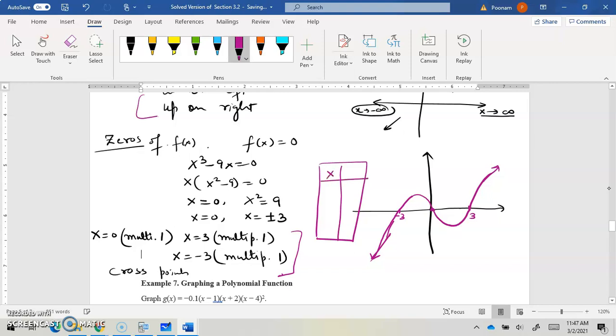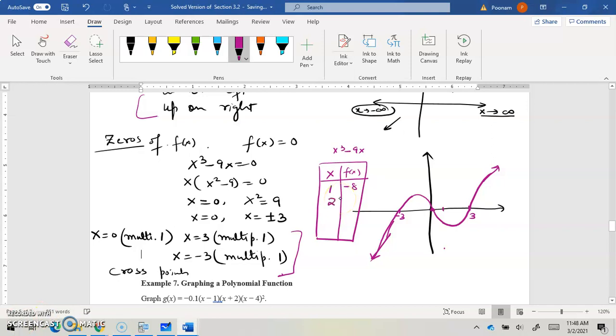fix the place. Say, what is the function's value when x is, say, 1? The function was x cubed minus 9x. So at 1 it is negative 8. So that means at 1 it is going really down to negative 8.